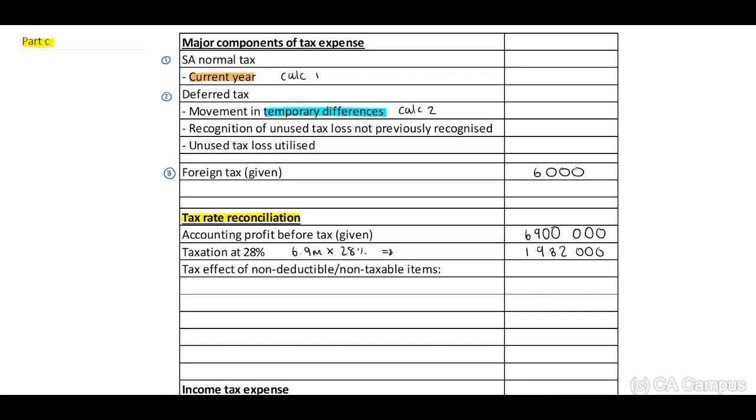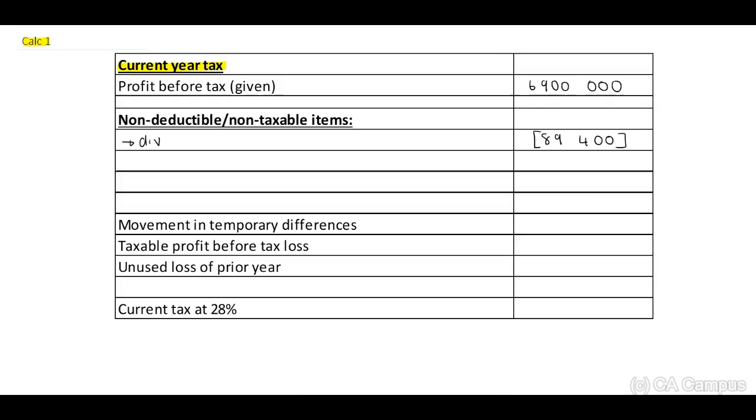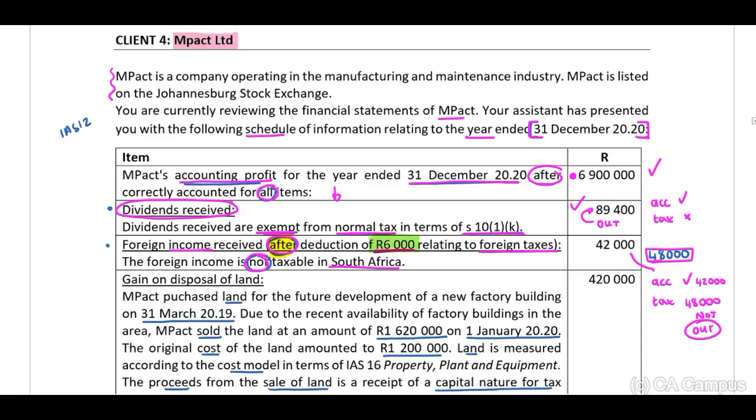Therefore, do you agree with me that this 6,000 will be included in the total? Okay. Therefore, in our current tax calculation, we have our foreign income, now this is the 42,000 plus the 6,000 that we need to take out, and this is 48,000. We are able to tick off our amounts.